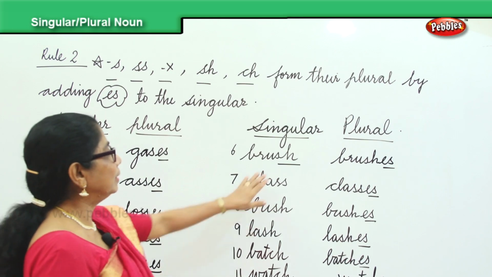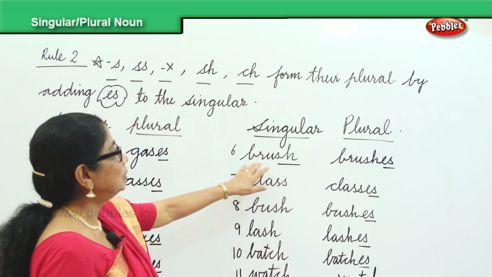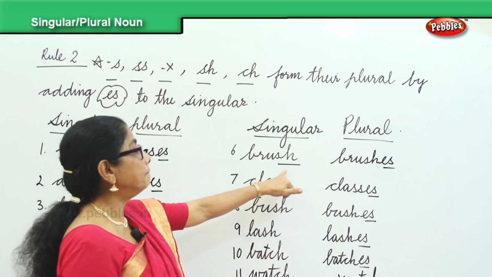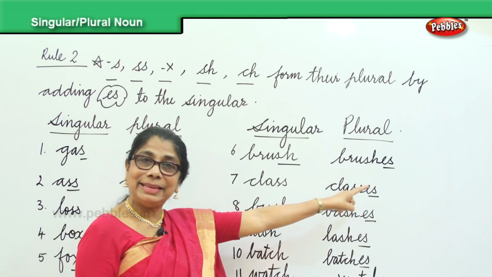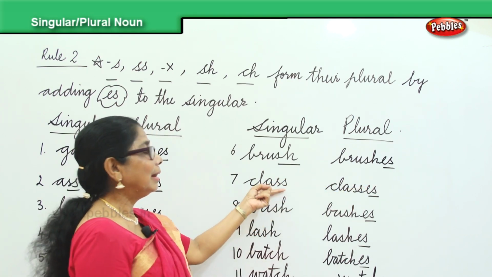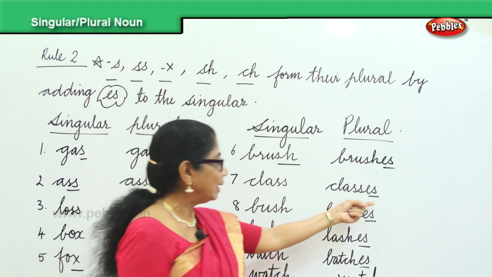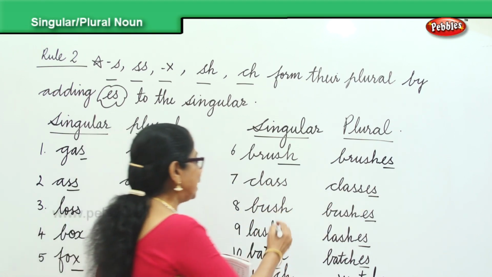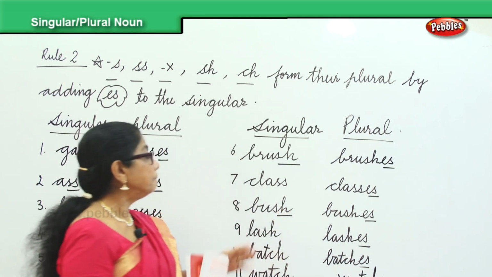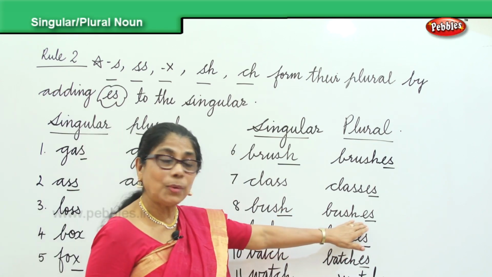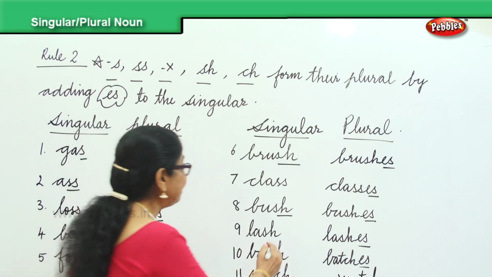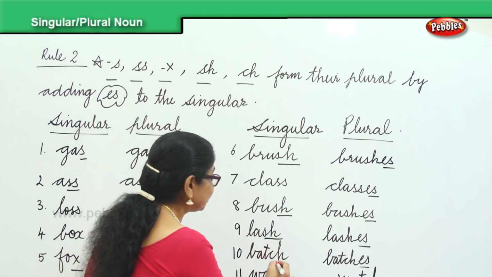And then you have here the nouns ending in SH. Brush, you added ES. Brushes. Nouns ending in double S. Class, classes. Nouns ending in SH. Bush, bushes, you added ES. Again, noun ending in SH.